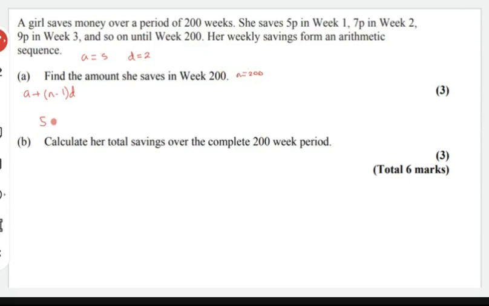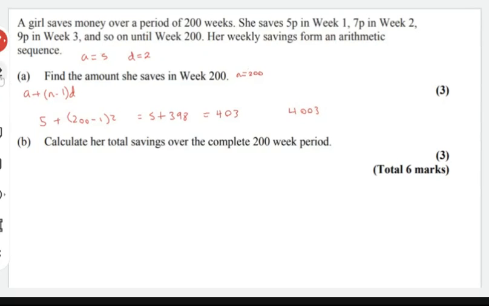So 5 plus 200 minus 1, lots of 2. So that's equal to 5 plus, what's that, 400 minus 2, 398. So 403. Yeah. So 403.